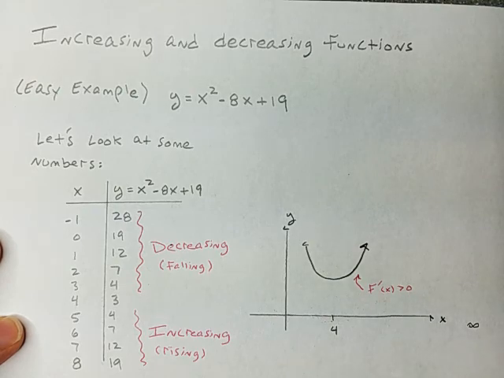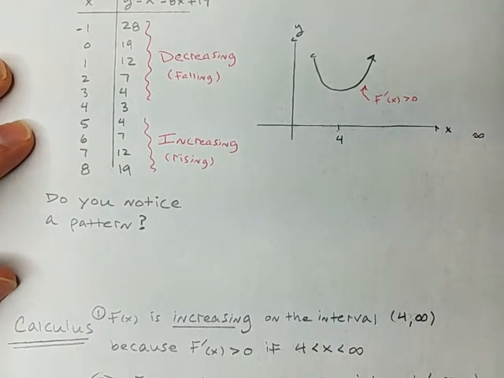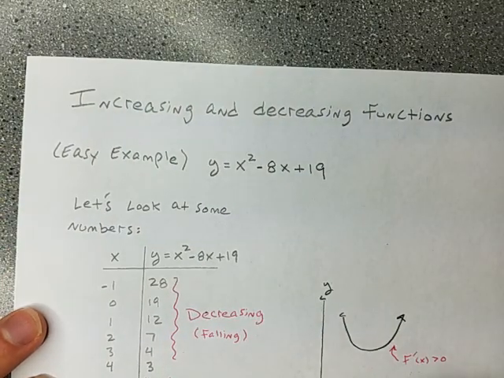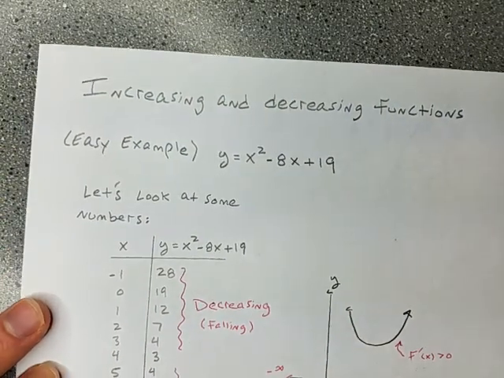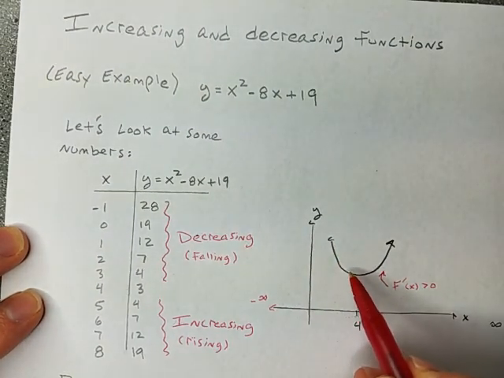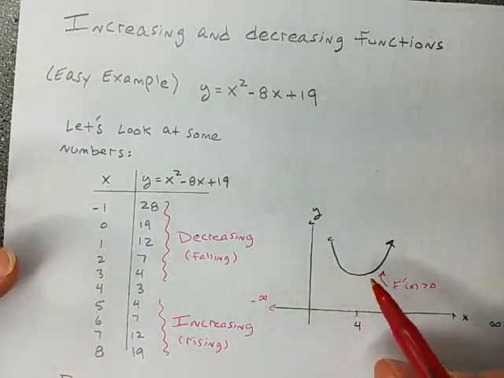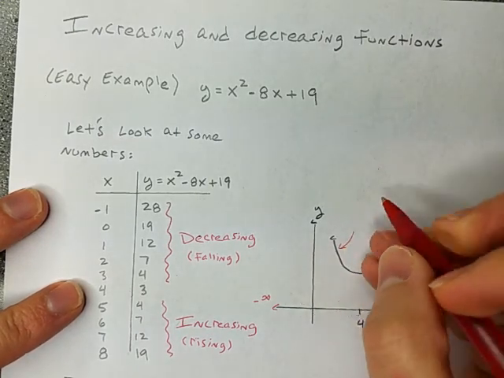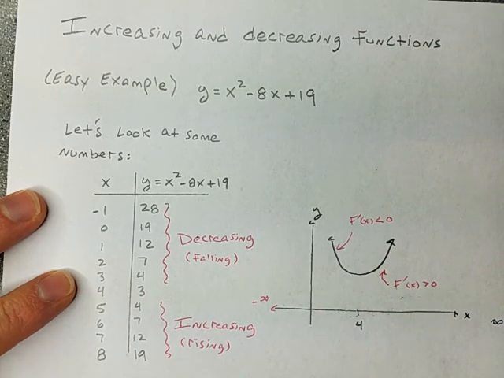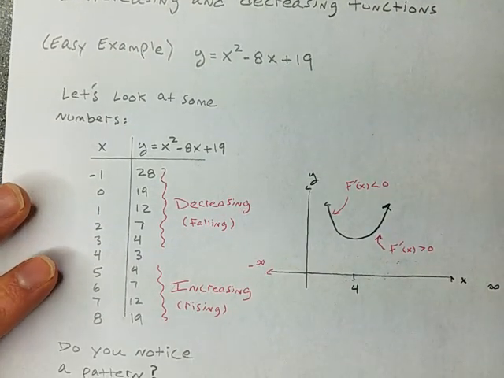It's increasing. And what about from negative infinity to 4? Along the x-axis, negative infinity is out there somewhere. And on this part of the curve, the slope is going down to the right. It's falling. There are lots of ways to say it, but we would just say f prime of x is less than 0.